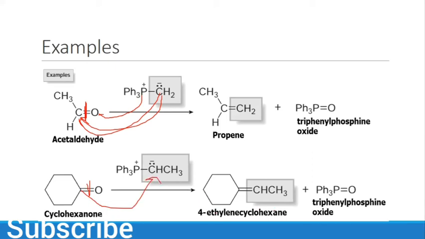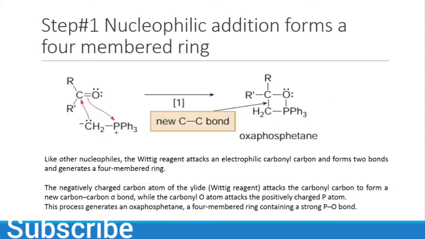So it is simple. You need an ylide, which is the Wittig reagent, which contains a positive phosphorus and a negative carbon. The negative carbon will attack the carbonyl carbon, and then P will attack the oxygen, and they will break the bonds of oxygen, and we have our byproduct, which is triphenylphosphine oxide.